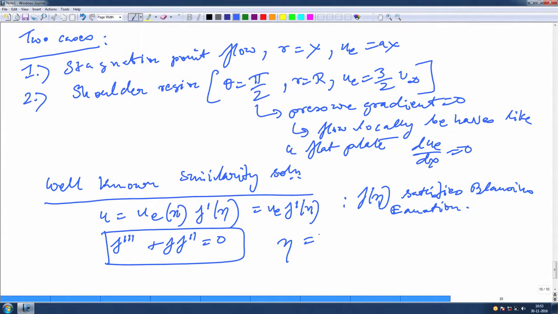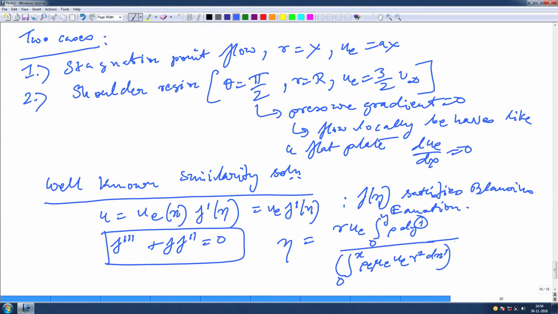Okay. And eta obviously, we have to define what is eta, that is involving rho E UE. Do not worry about that sign that I have mentioned here, that is basically the dummy variable. Okay.